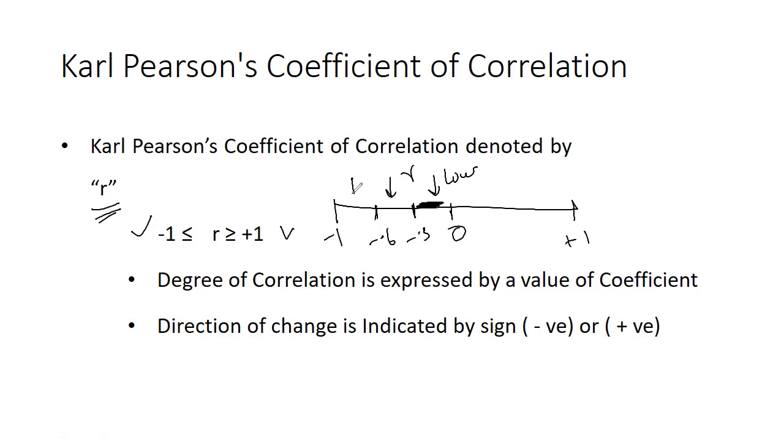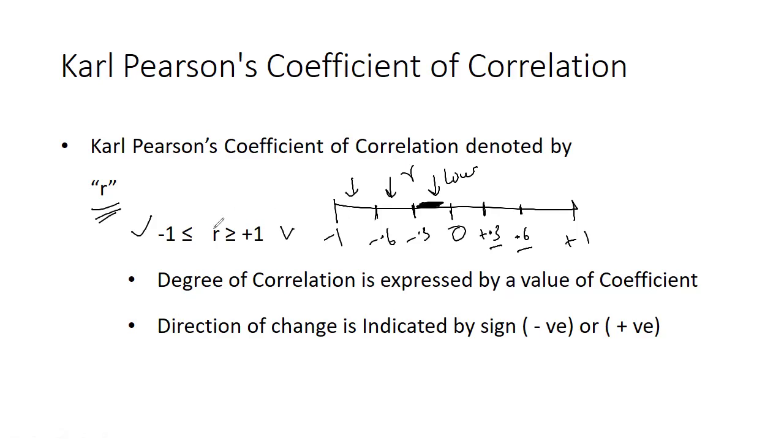And if it is above 0.7 and below -1, it is a high degree of negative correlation. Similarly, if the value is below 0.3, it is a low degree of positive correlation. If it is between +0.3 and +0.6, it is moderate. And if it is above that, it is a high degree of positive correlation between the two variables.